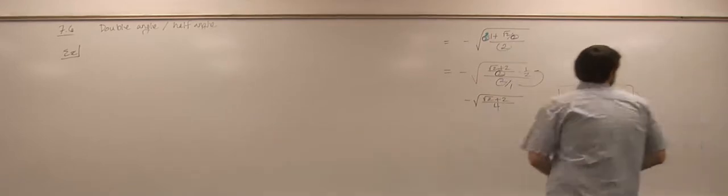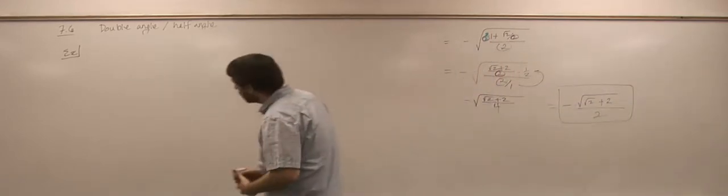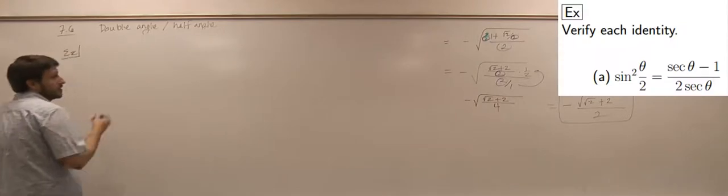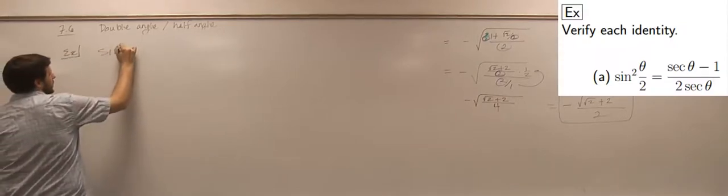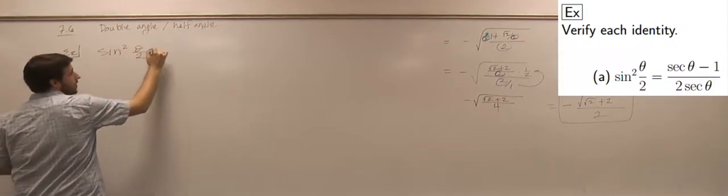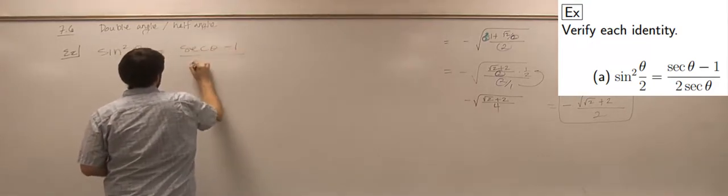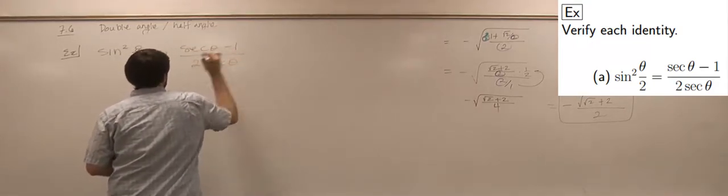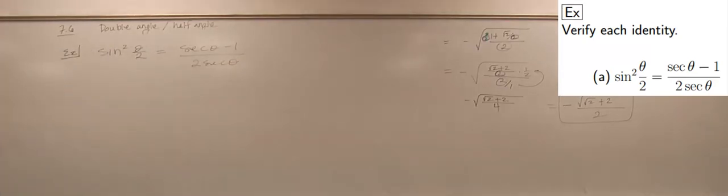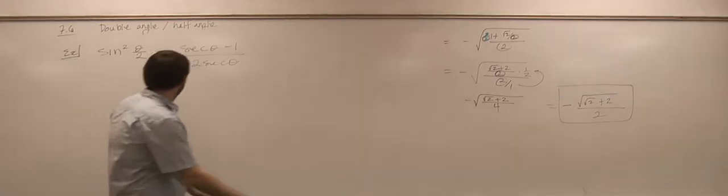Sine squared theta over 2 is supposed to equal secant theta minus 1 over 2 secant theta. All right. Good.